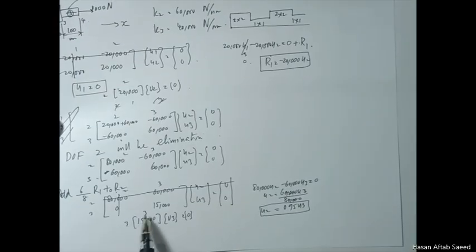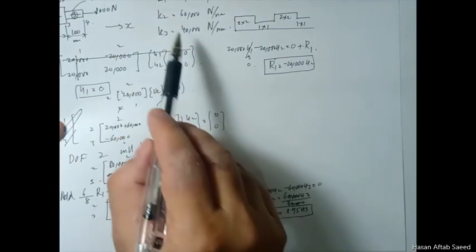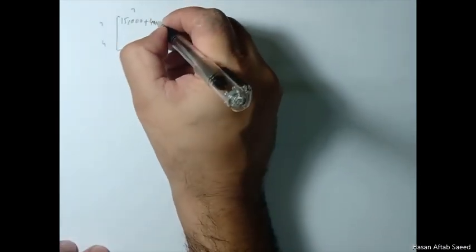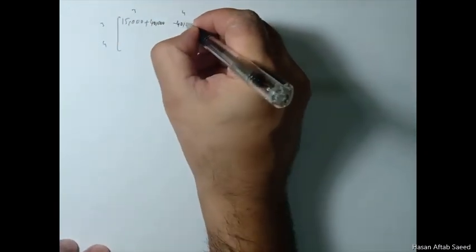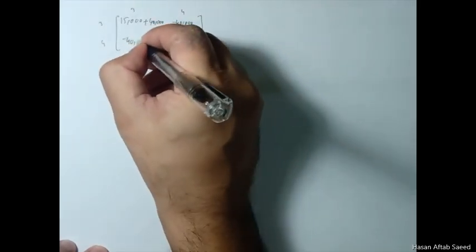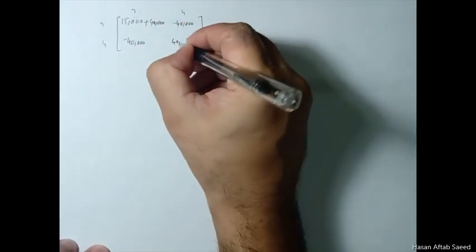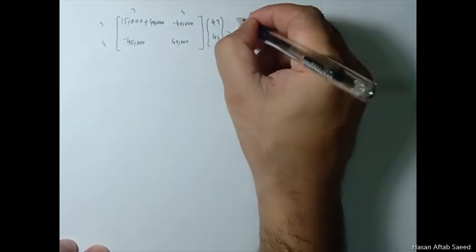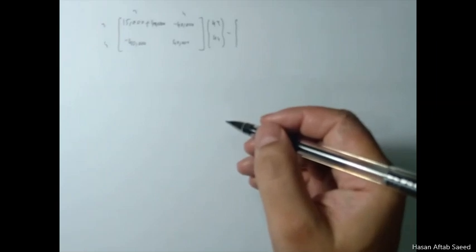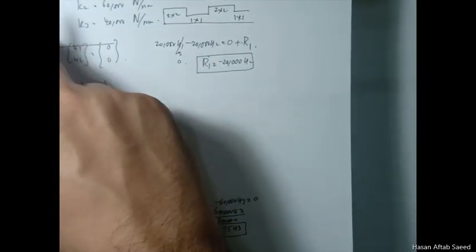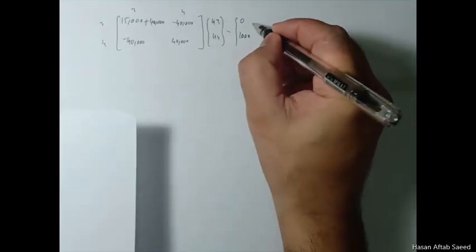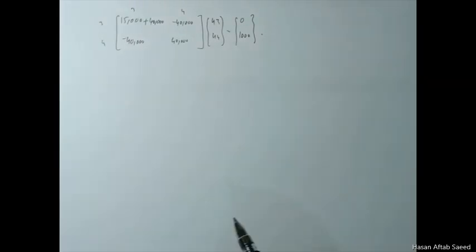This is already there for 3 3 place. Add 40,000, minus 40,000, minus 40,000, 40,000, and you have u3, u4, and for the first time here you have a force, because the force has been 0 throughout. Here you have 1000 Newton, and this one is positive because this is positive x direction.